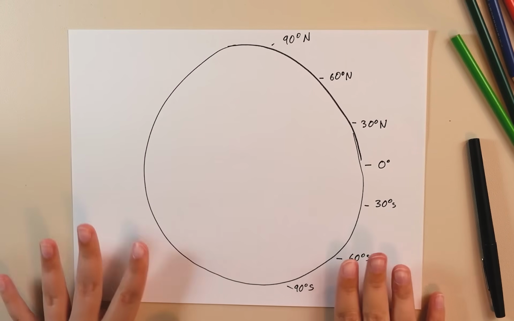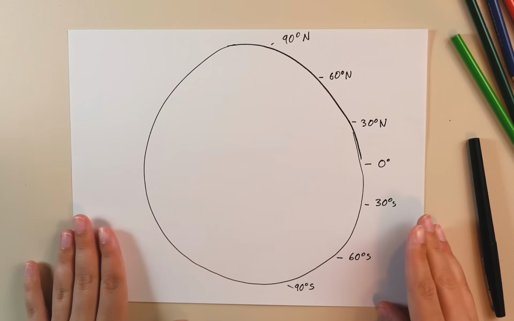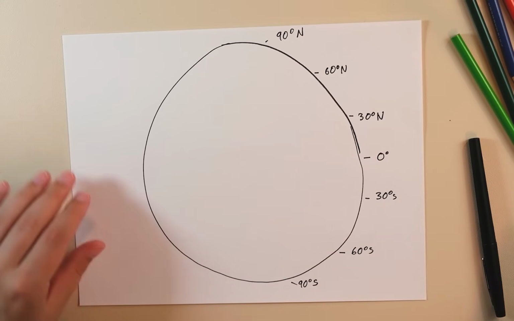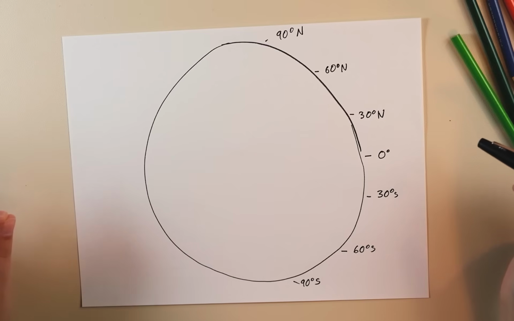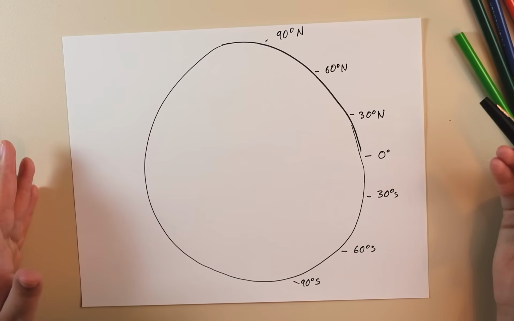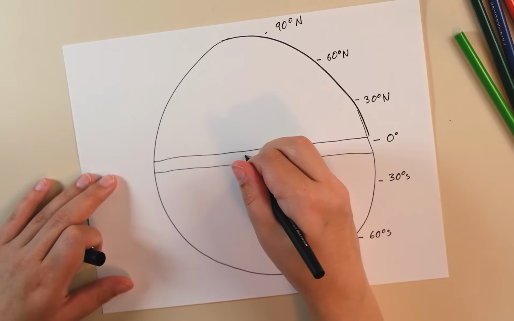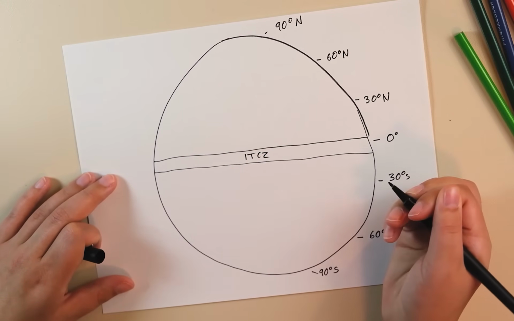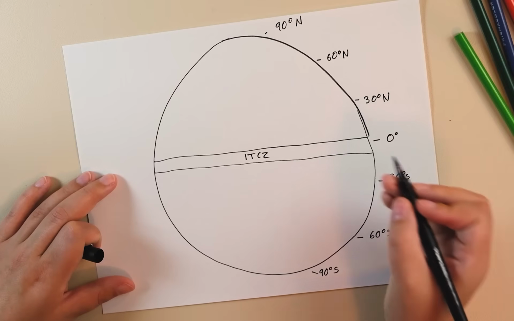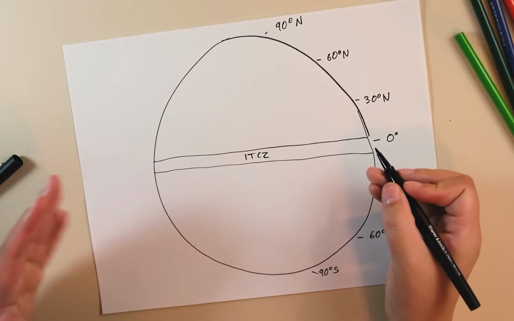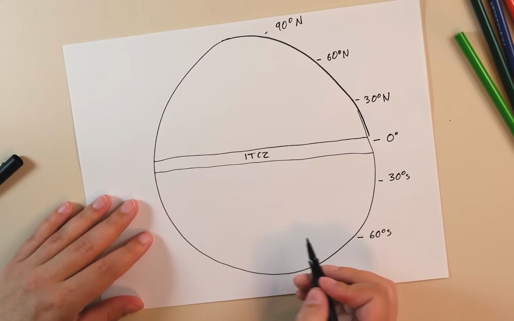Alright, so let's pretend this is actually a circle and looks like a globe. But anyway, you're going to have the Intertropical Convergence Zone, or ITCZ, along the equator. The subtropic high belts are going to be at 30 degrees north and south.